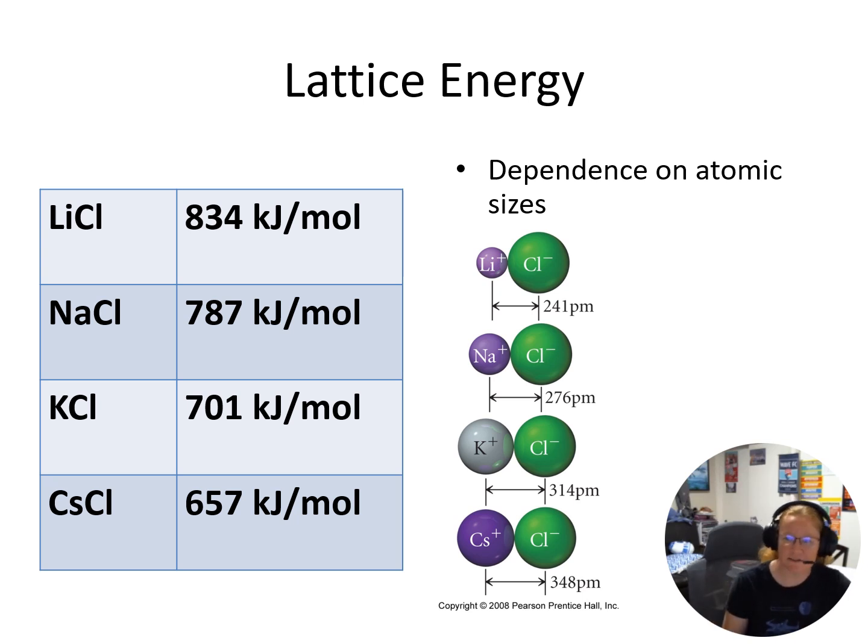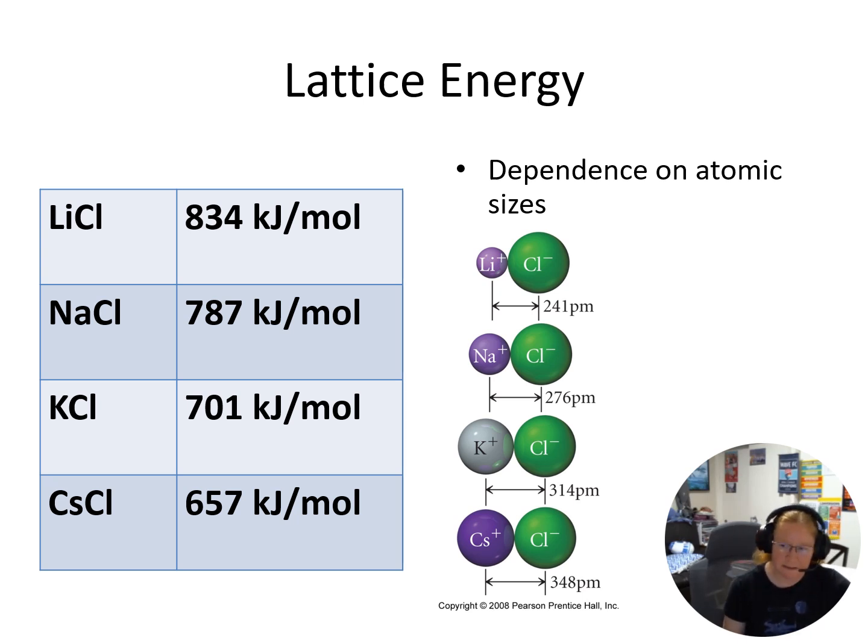Lattice energy is going to depend on atomic sizes. Remember, the bigger the distance, the less that charge is felt. If you look here, I'm keeping the chloride constant, and if I'm increasing the size of the cation, the distance between the nuclei is going to increase, and so the lattice energy is going to go down.